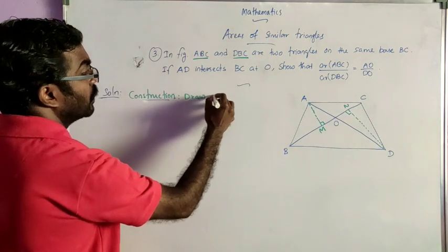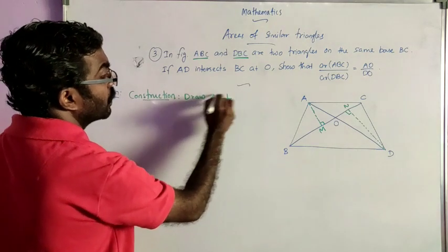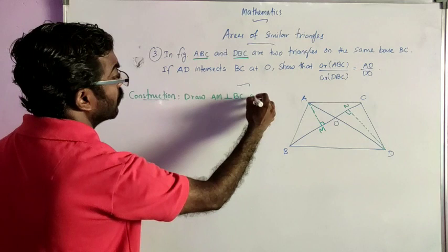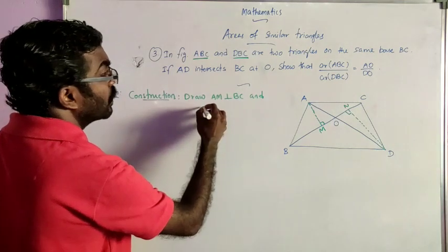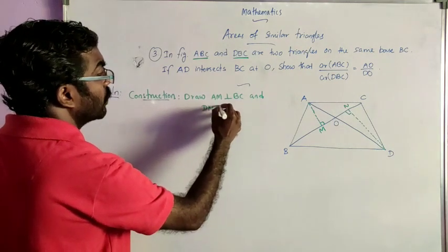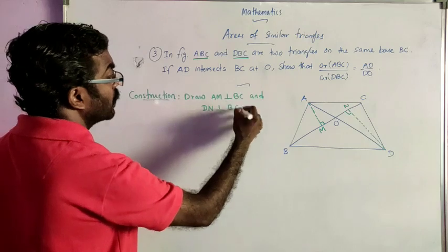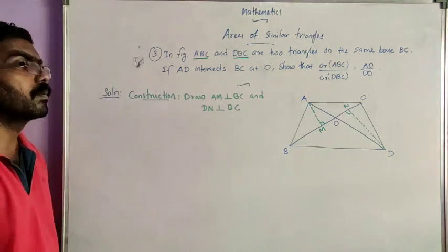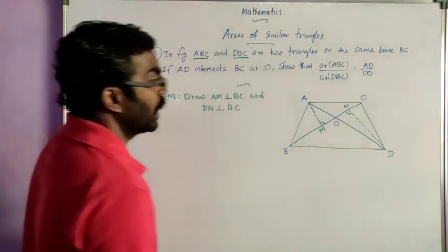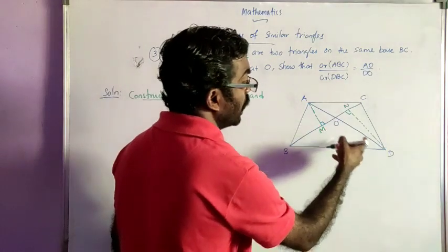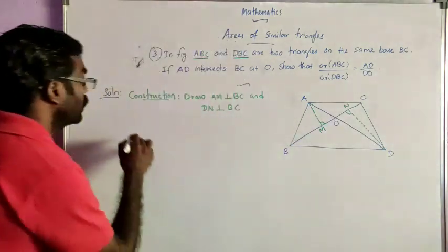Draw AM perpendicular to BC and DN perpendicular to BC. Okay. Now we can consider the triangles AOM and DON.